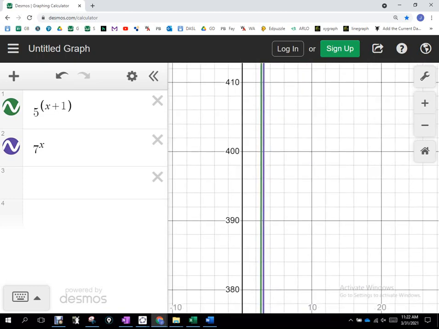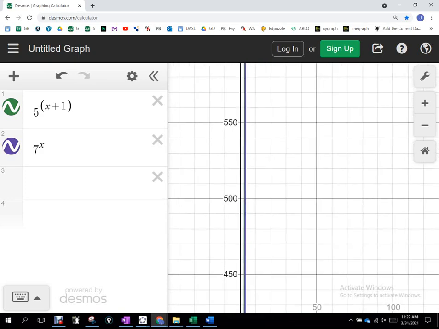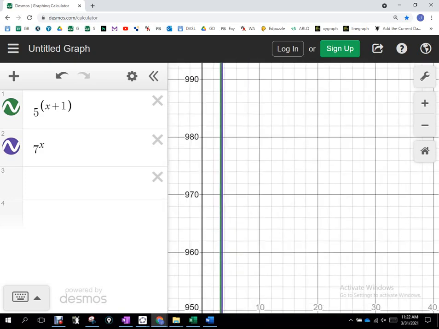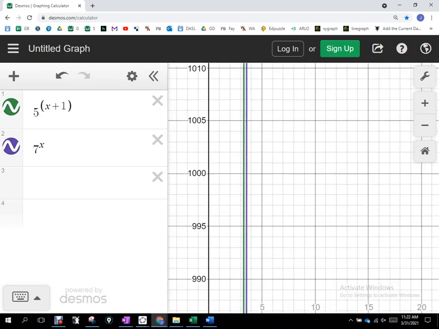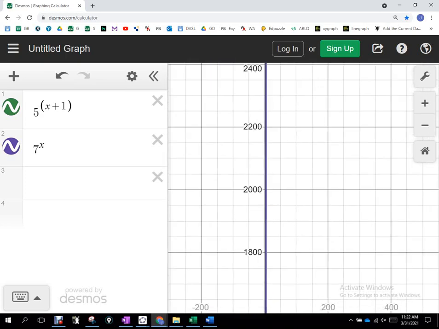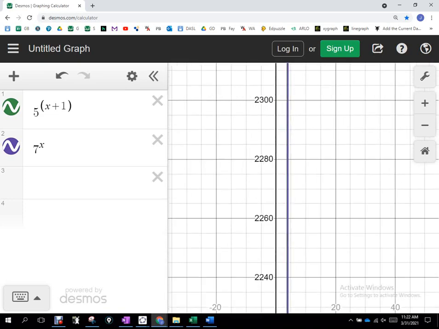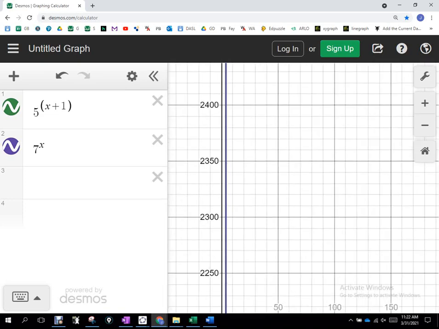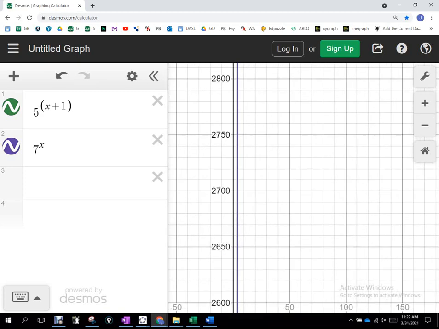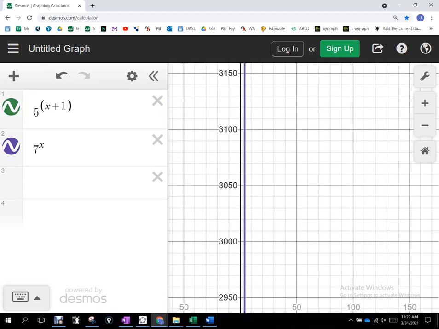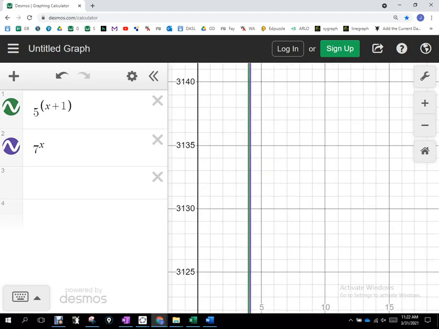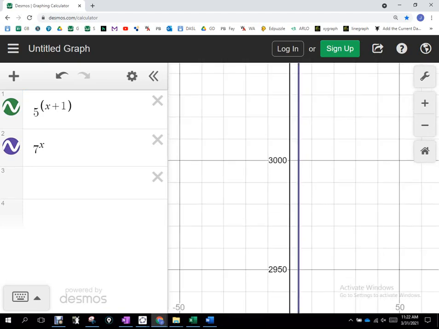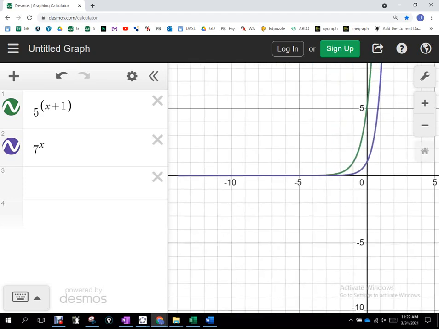So I'm looking for where the green one ends up being to the right of the purple one. Getting closer. Well, what was the solution? Was the solution negative? That might be my issue.